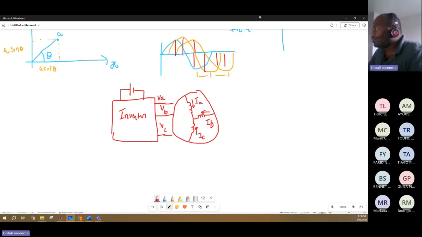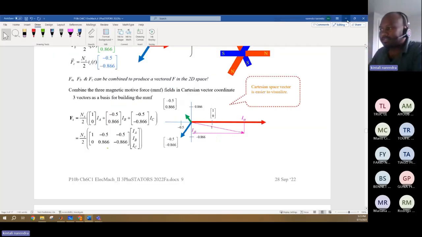Because of these three phases, you'll have three magnetic fields. Do you agree with me? There are three coils and three currents flowing through them, so three magnetic fields are developed.